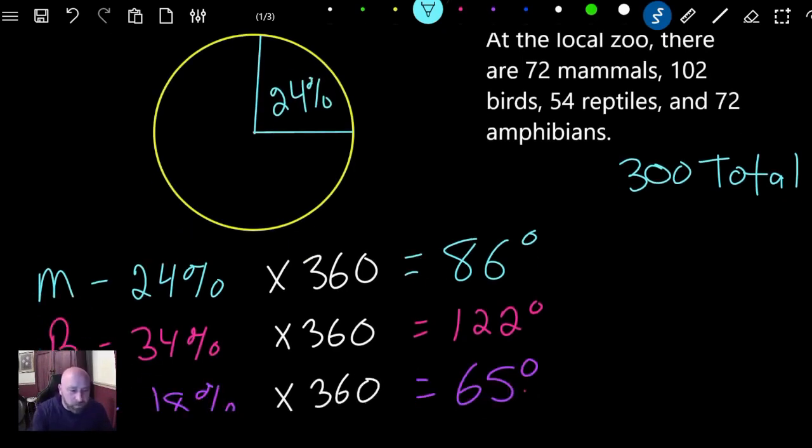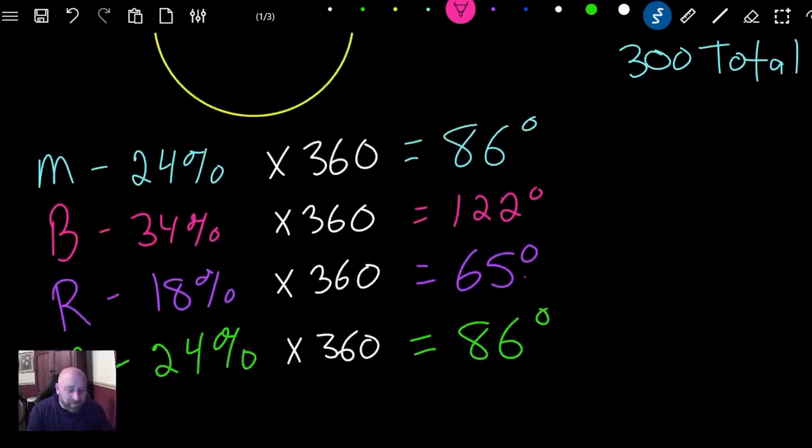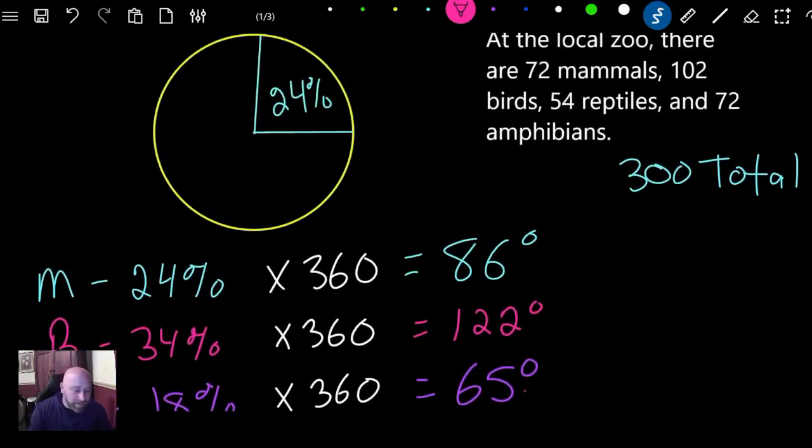And then we'll go to the pink one, and we'll do the pink one at 122 degrees. I'm actually going to do that one last because that one will just be easier if I do it last. Let's do the amphibians next, which was another 86 degrees. So again, that's really close to 90. So coming down here, this one's going to be real close to 90, so we'll put it here. And that's going to be another 24%, and that's the green ones.